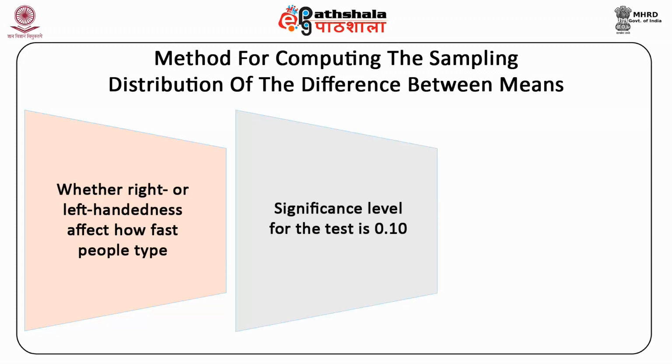The significance level for the test is 0.1. Since you are looking for a difference between the groups in either direction, that is, right-handed faster than left, or vice versa, this is a two-tailed test.